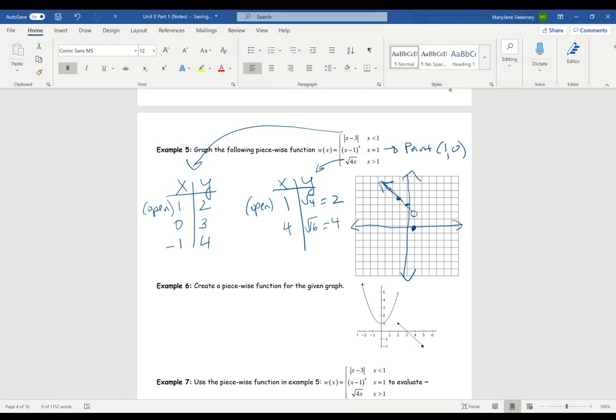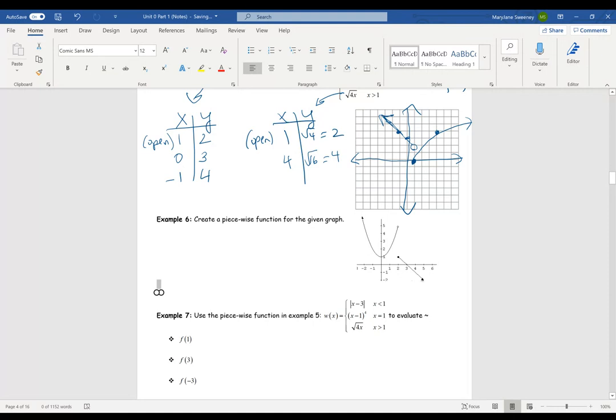That's a better number. 1, 2, 3, 4. I'm looking at the last one. A square root function. Square root function is going to look like that. Notice this does pass the vertical line test. So we know we're on the right track with that.